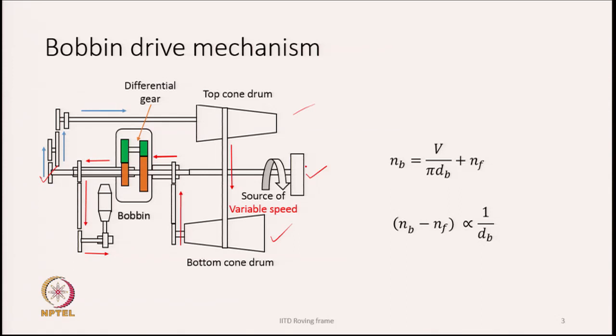So, we will see that the two speeds, one constant and one variable, are being added together. We will understand this as we go through this lecture.